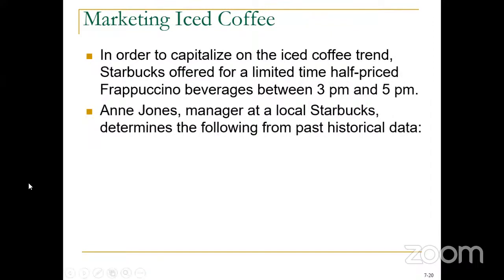This example says that in order to capitalize on the iced coffee trend, Starbucks offered for a limited time a half-priced beverage between 3 p.m. to 5 p.m. So the Frappuccino is the beverage provided in that time period.